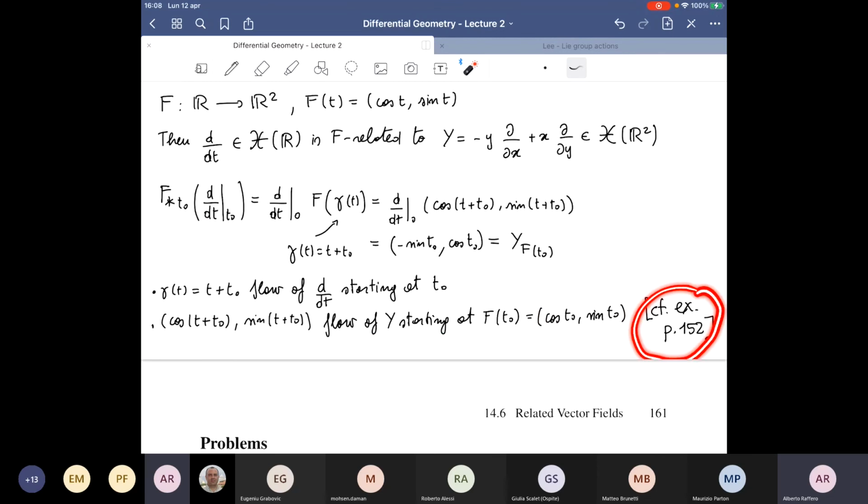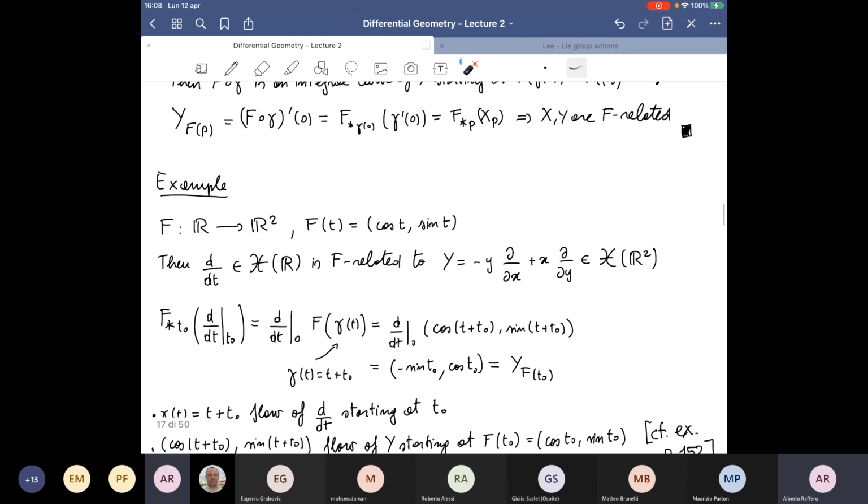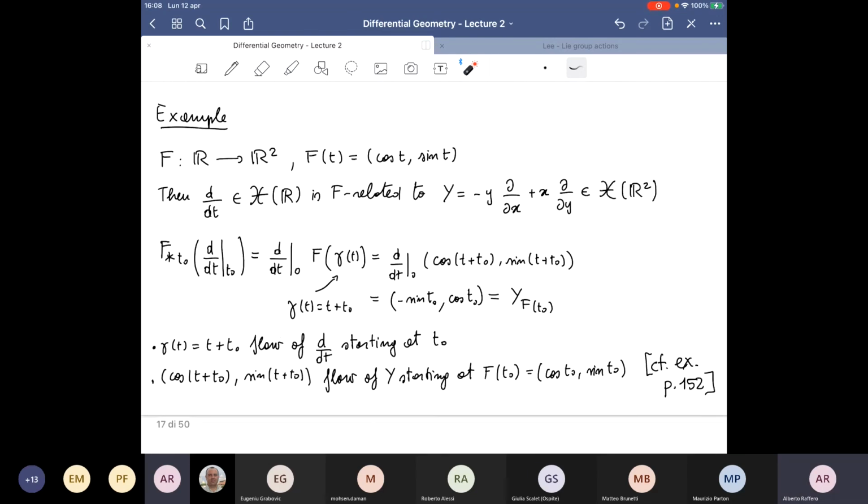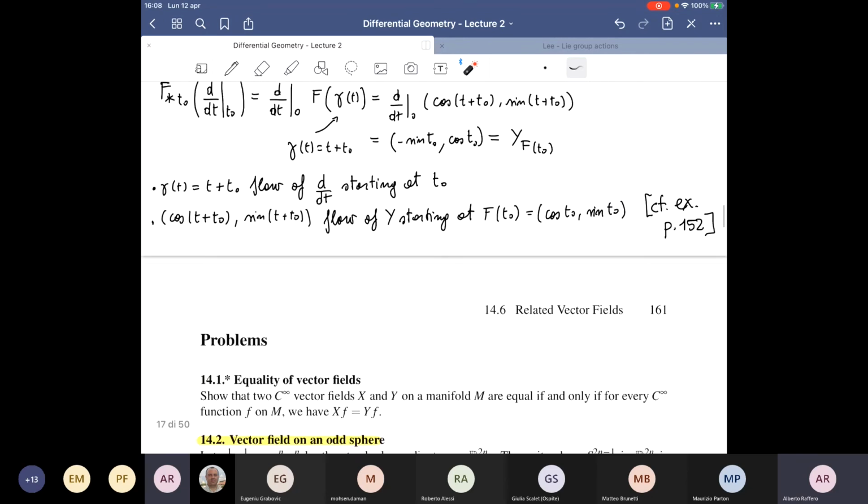This is precisely the example we discussed earlier, coming from page 152. So this is an additional result that gives you another property of F-related vector fields.